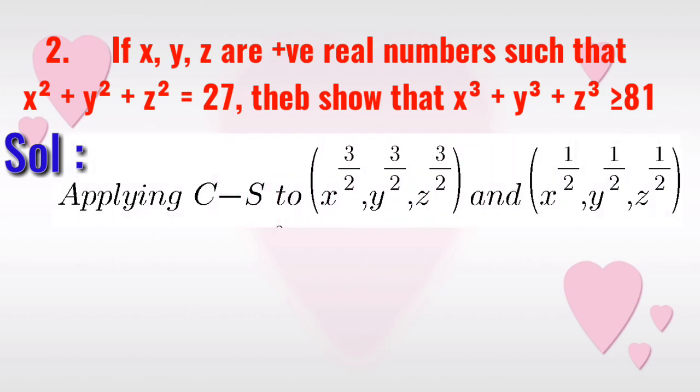Applying Cauchy-Schwarz inequality to two sets of numbers, x^(3/2), y^(3/2), z^(3/2) and x^(1/2), y^(1/2), z^(1/2). Here we have to apply Cauchy-Schwarz inequality like this: (x^(3/2)·x^(1/2) + y^(3/2)·y^(1/2) + z^(3/2)·z^(1/2))² is less than or equal to [(x^(3/2))² + (y^(3/2))² + (z^(3/2))²] times [(x^(1/2))² + (y^(1/2))² + (z^(1/2))²].